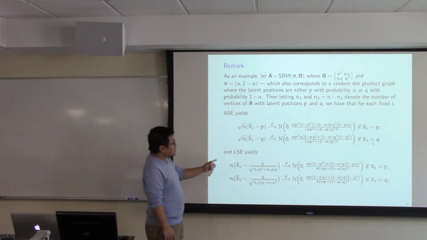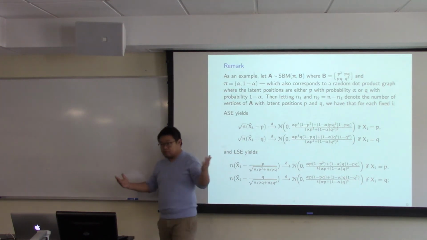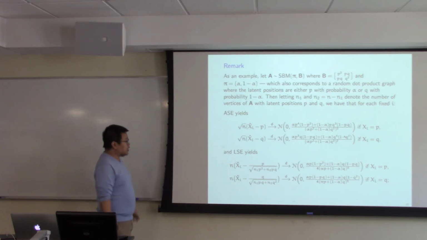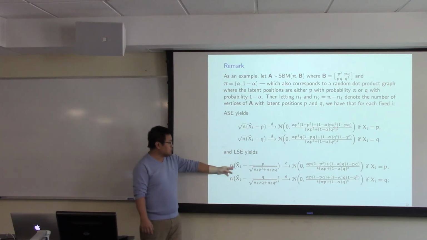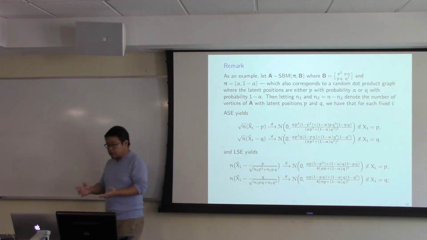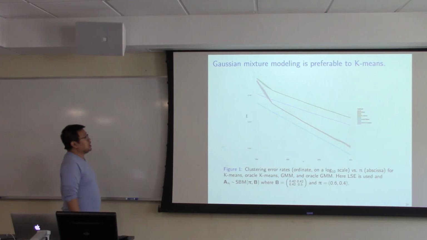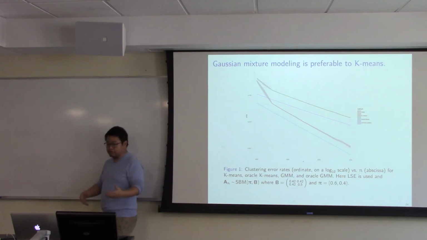I want to emphasize here that it's obvious these two covariance matrices are not the same. That's the same phenomenon also for Laplacian spectral embedding. Here I normalize by a different vector, and once again the two covariance matrices are not the same. So if the variance is not the same, one can easily show that Gaussian mixture modeling is preferable to k-means, because k-means assumes symmetric clusters.